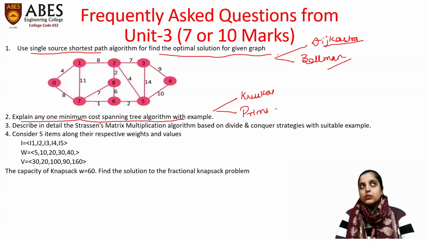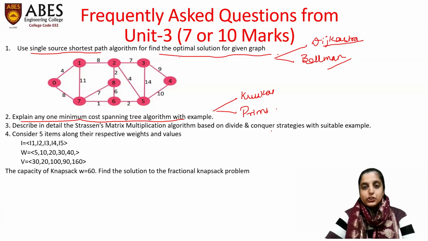Two years ago, the paper was completely theoretical. So just learn some examples related to all the topics, so that if a question is asked theoretically, you can answer it very well. Just draw one graph, write the algorithm and solve that graph. Nobody will cut your marks.